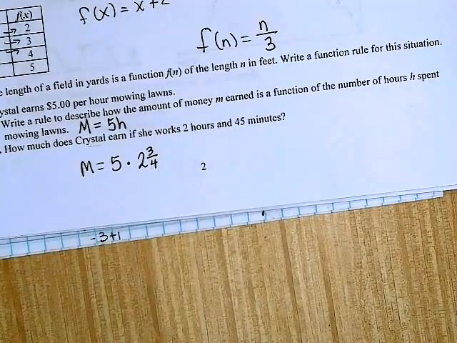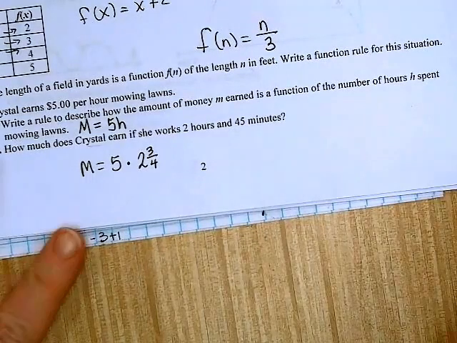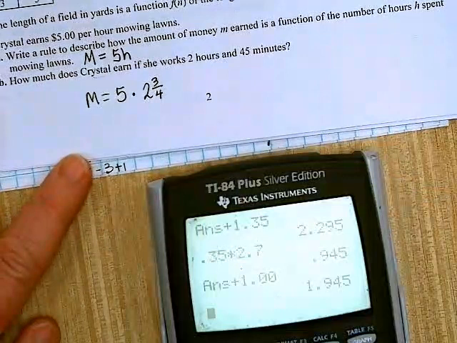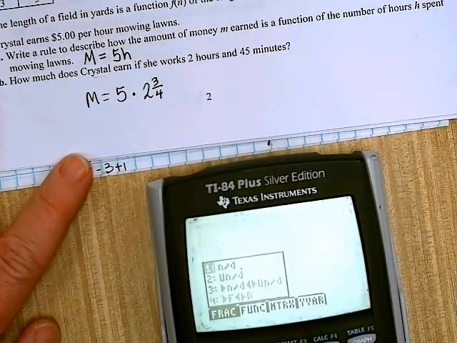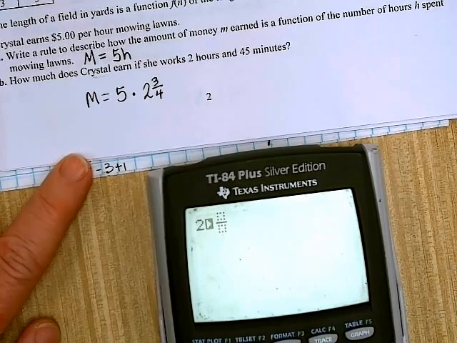Everybody agreed that 45 minutes is 3/4 of an hour. So, what do we do here? This one? 2 3/4 times 5. I get 55 over 4.